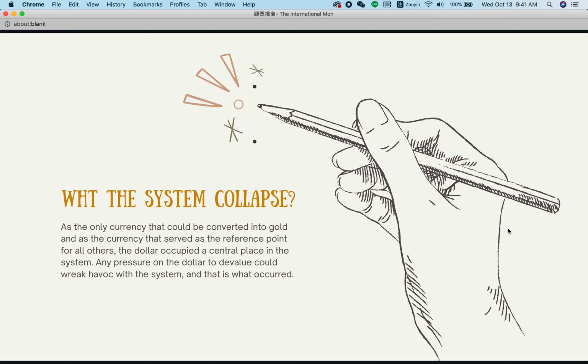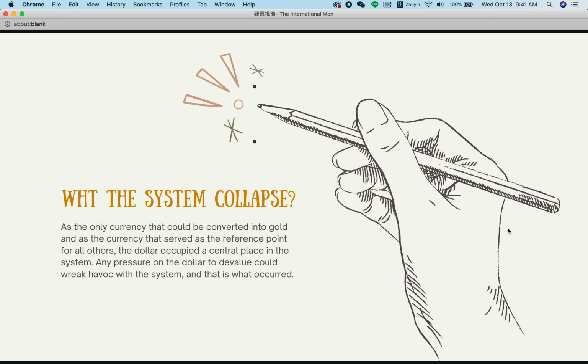Any pressure on the dollar to devalue could squeeze the system, and that is what occurred.